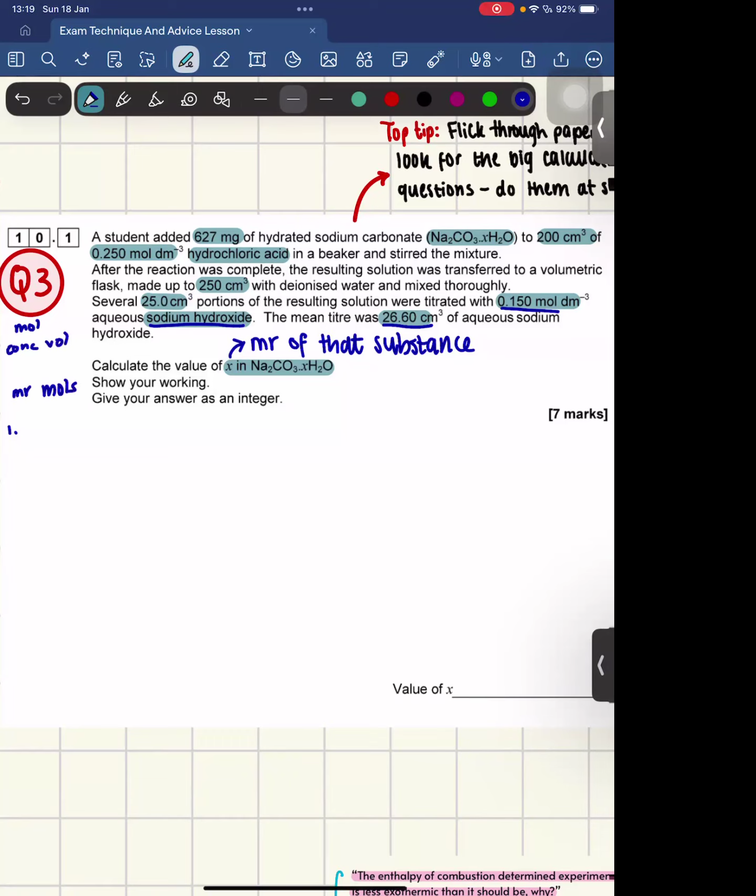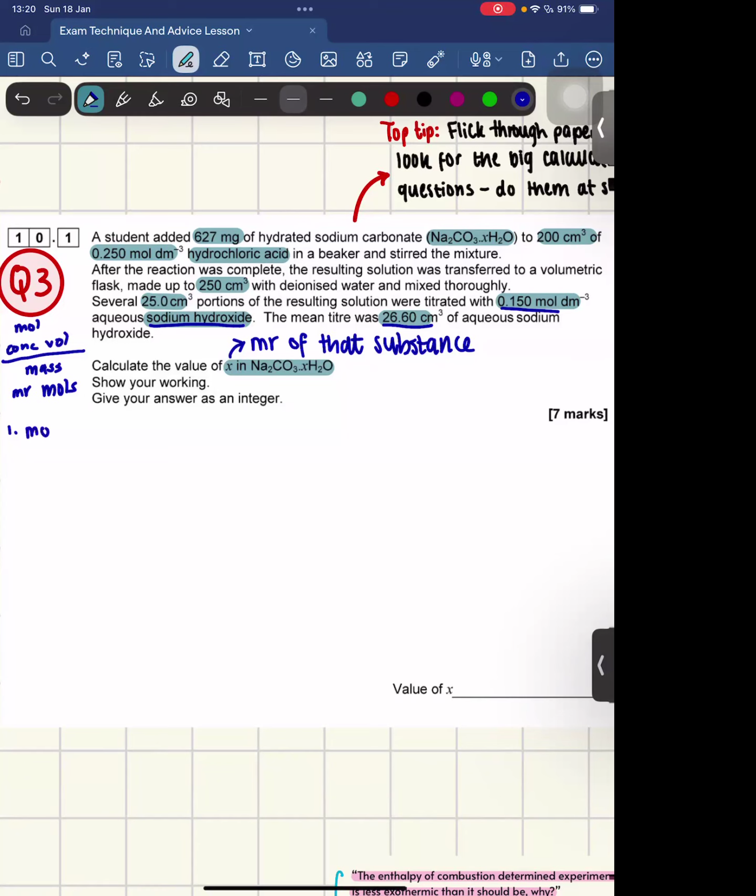Mole's mass. It really helps me to write them at the side because it gives me a reminder, just so I don't mix up the equation. So I'm going to start by calculating the moles of aqueous sodium hydroxide because that is the last thing I've been given.